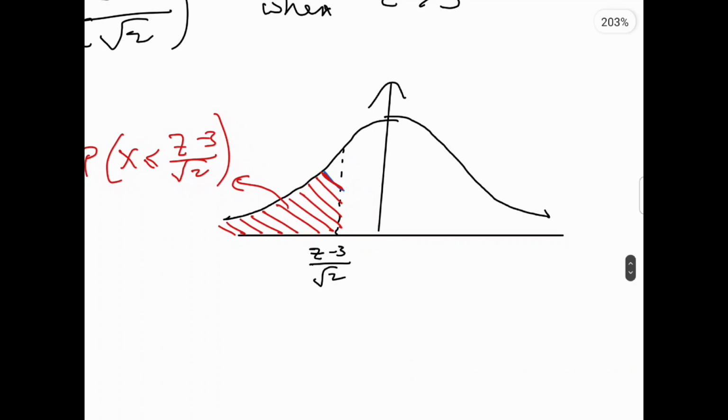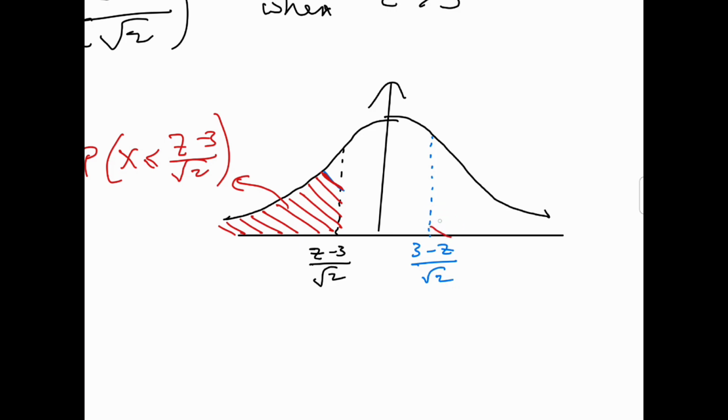Notice that if you take the opposite side with the same value, multiplying by negative, this will be 3 minus z divided by root 2.